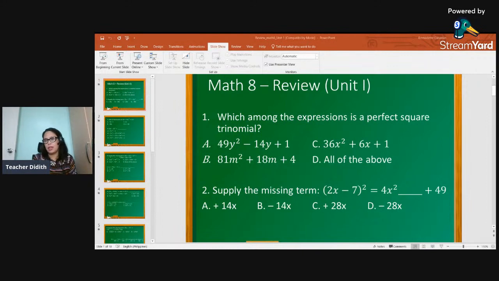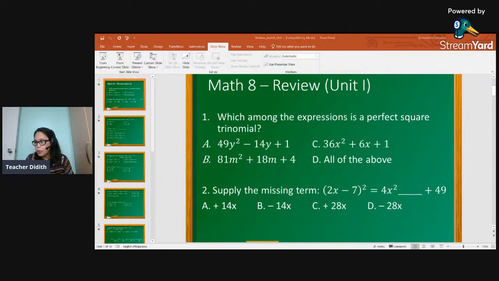So there's an option here na all of the above. So definitely this is wrong. Okay? And B is not correct, though the first and the last terms here are perfect squares. But when you get the square root of the two, you multiply the first and the last terms, and then you multiply that by 2, it's not 18m. So the answer is letter A. Everybody got the correct answer, I guess. Very good, grade 8.